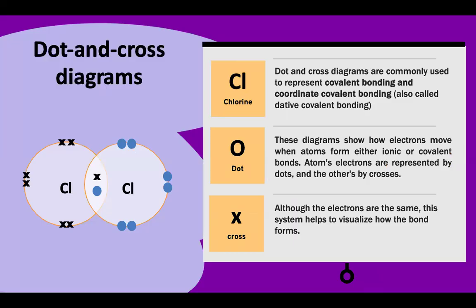Dot and cross diagram. Dot and cross diagrams are commonly used to represent covalent bonding and coordinate covalent bonding, also called dative covalent bonding. These diagrams show how electrons move when atoms form either ionic or covalent bonds. One atom's electrons are represented by dots and the other's by crosses. Although the electrons are the same, this system helps to visualize how the bonds form.